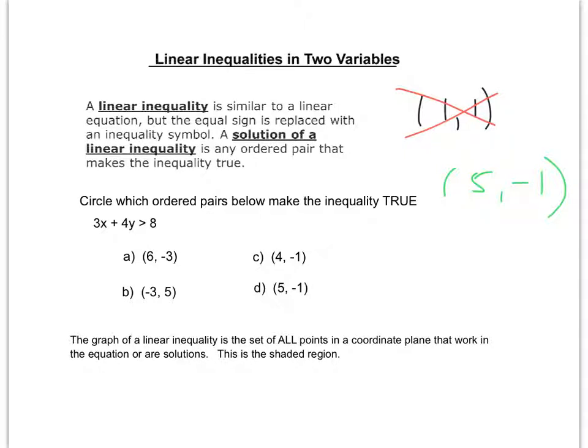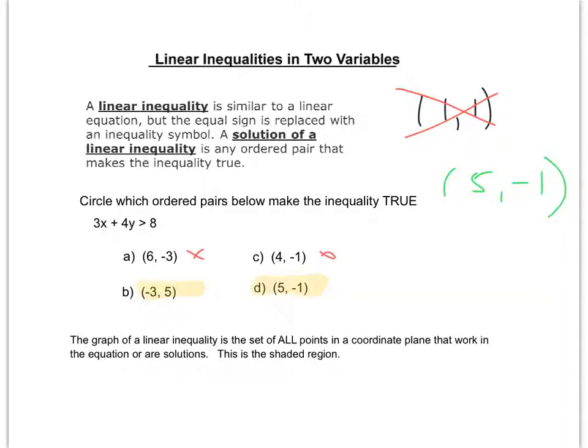So you guys right now, stop the tape, and figure out which of these ordered pairs, A through D, are actual solutions to this inequality. Have some fun, go.